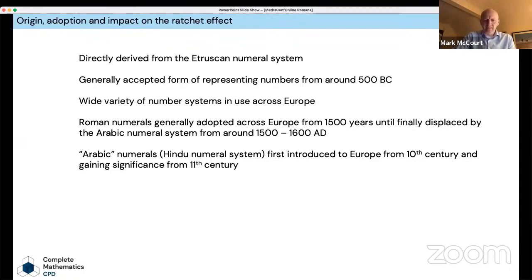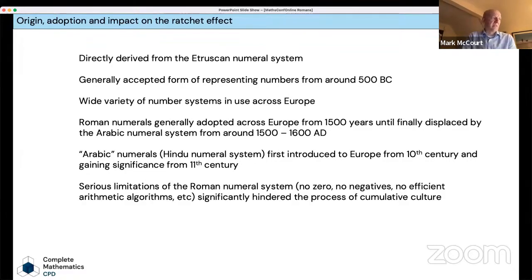And they start to gain importance in the 10th or 11th century. Mathematics is much more powerful with this Hindu-Arabic system than it is with Roman numerals. And people could see this, but even with that, it then takes many hundreds of years for them to properly displace Roman numeral systems. So all the way through to the 16th century, the Roman numeral system remains the main numeral system across Europe.